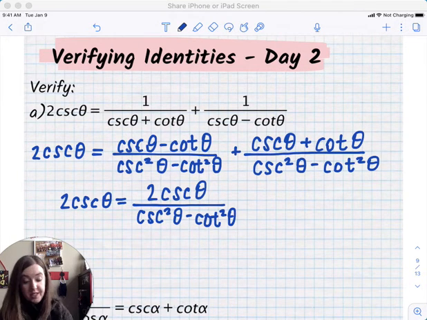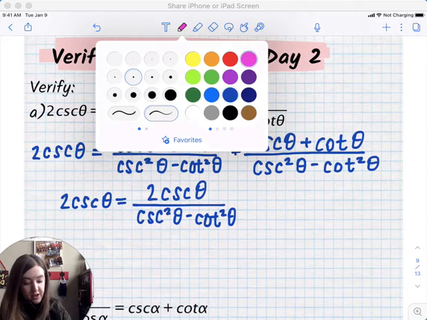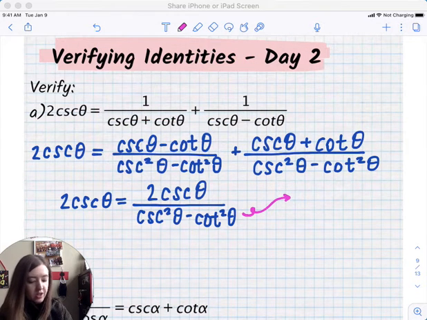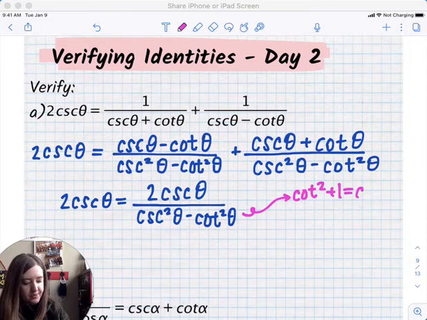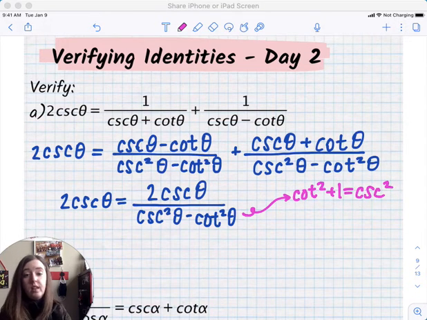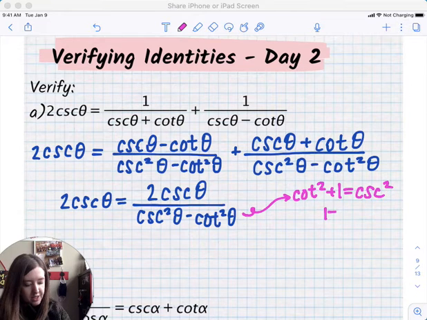So 2 trig squareds means we're going to have a Pythagorean identity. The Pythagorean identity that has cosecant and cotangent in it is cotangent squared plus 1 equals cosecant squared. So to get cosecant squared minus cotangent squared, we'll have to subtract cotangent squared on both sides.